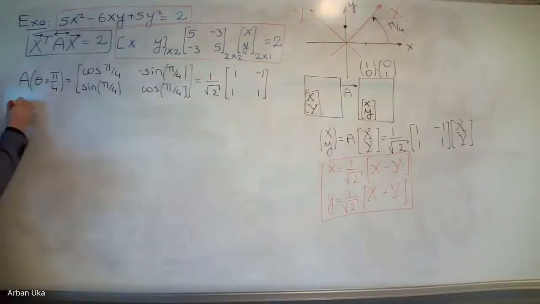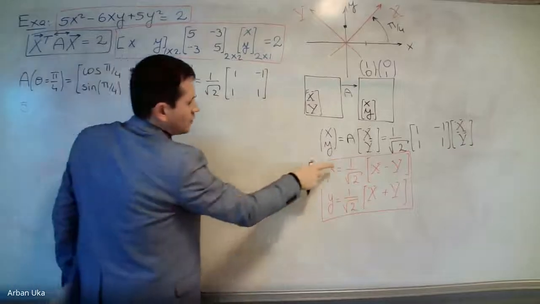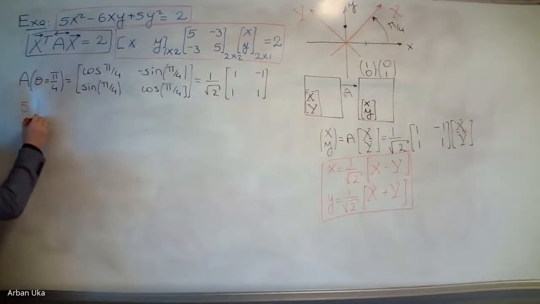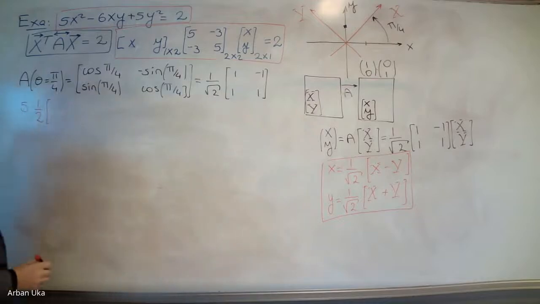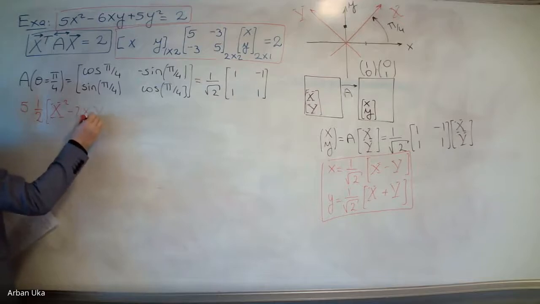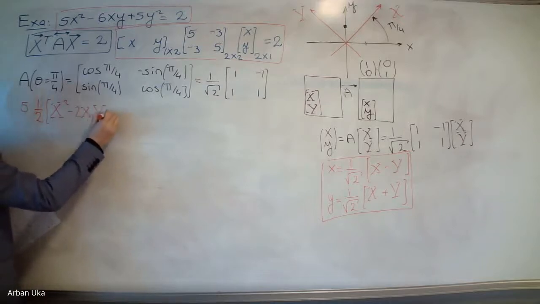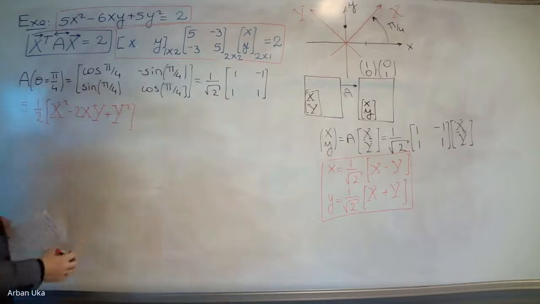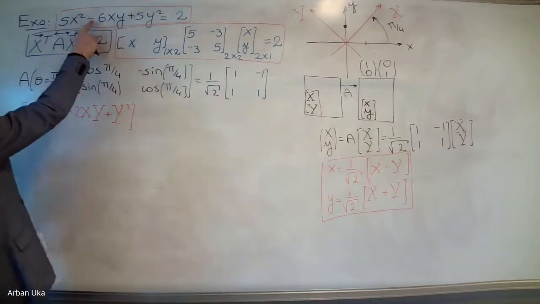What is 5x squared? 5x squared, and 1 over square root of 2 squared is 1 over 2, times (x minus y) squared. So here we get x squared minus 2xy plus y squared. Then we have minus 6xy.